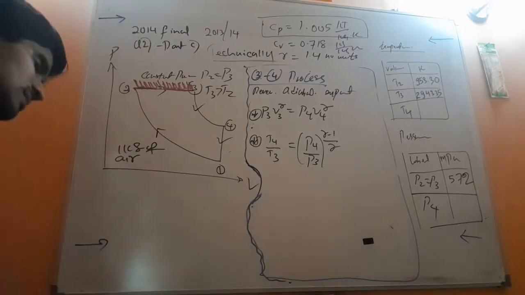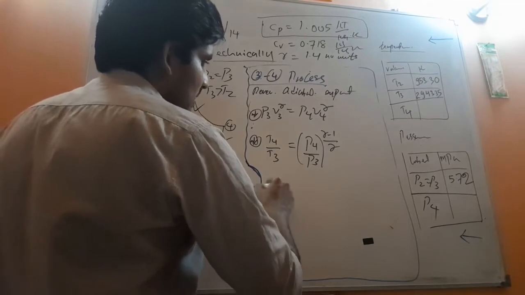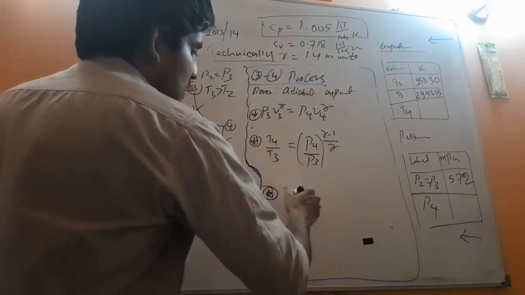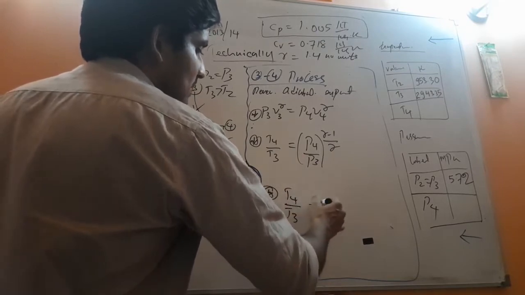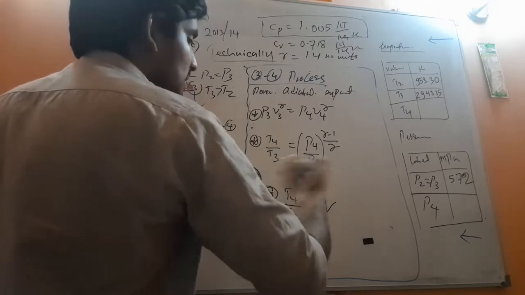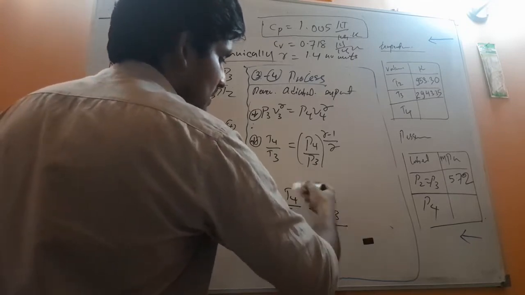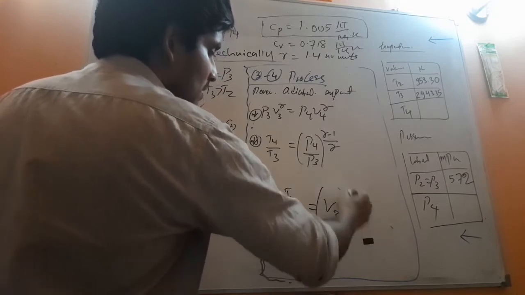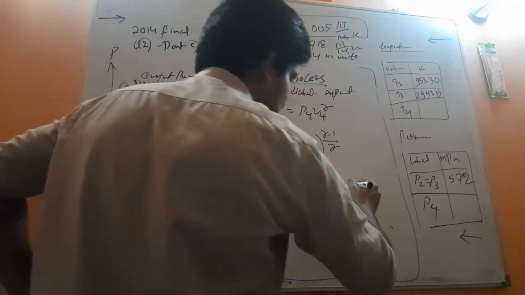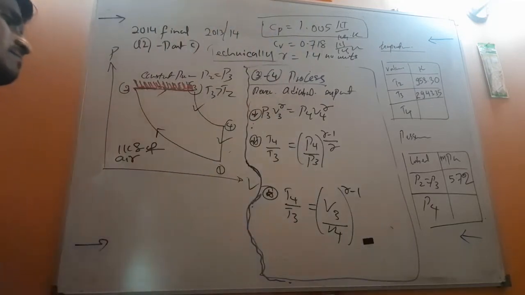And we can also use T4 divided by T3 equals V3 divided by V4, the reverse, to the power gamma minus 1. Okay?